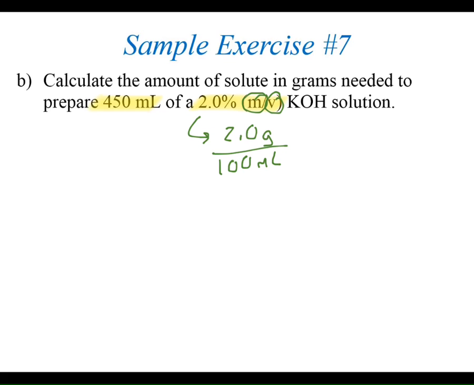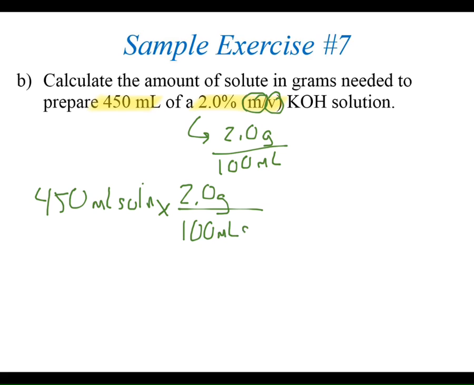Okay, so let's take this 450 milliliters of solution, and it's times 2.0 grams. What's my solute? What is the solution of? Potassium hydroxide.